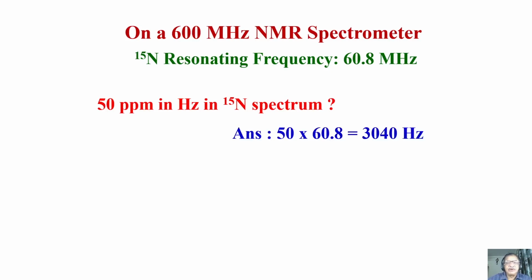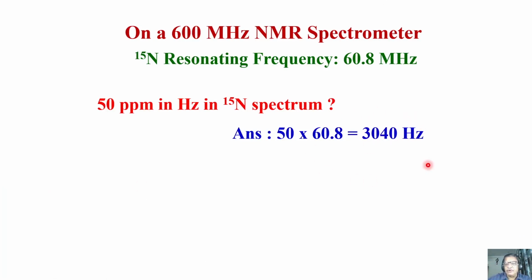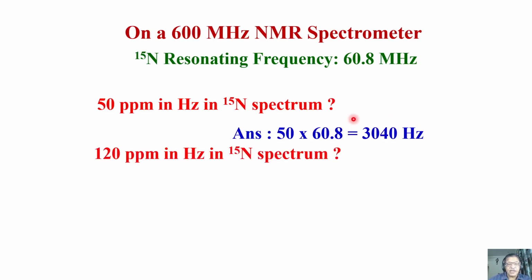When you know the value in ppm, you have to multiply by the resonating frequency. Since the resonating frequency of nitrogen 15 is 60.8, simply multiply 50 by 60.8. So 50 ppm in hertz in the nitrogen 15 spectrum is 3040 hertz.